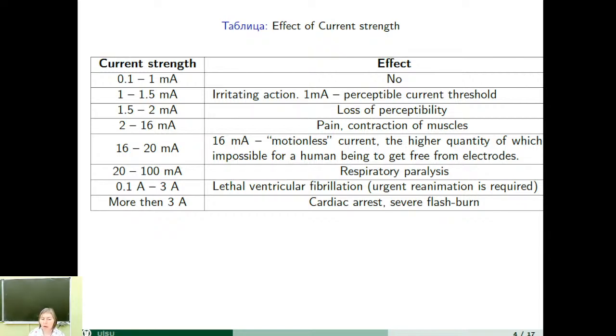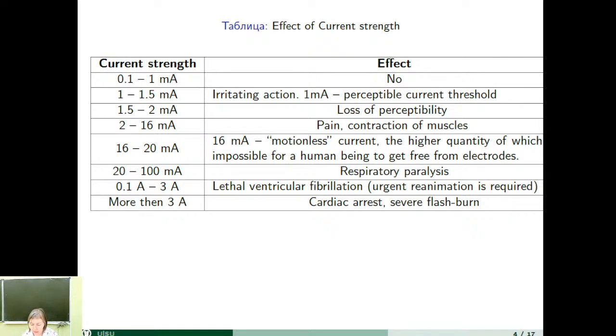And from 2 to 16 milliampere, it's a pain and a contraction of muscles. And from 16 to 20 milliampere, it's motionless current with a higher quantity of which make it possible for a human being to get free from electrodes.